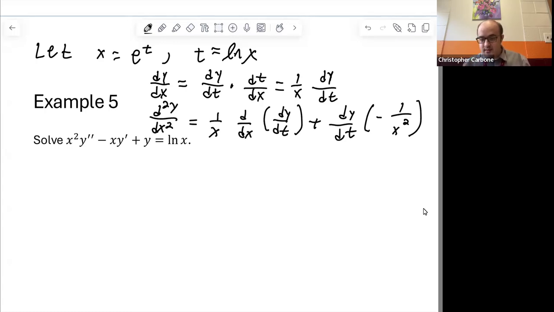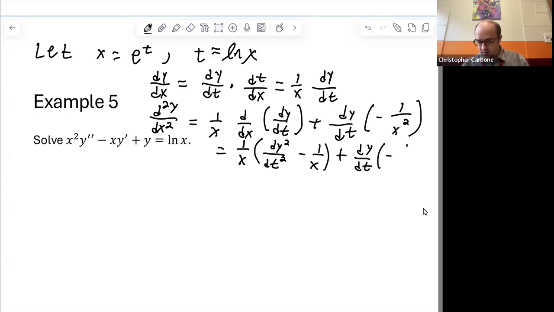So doing this, when we simplify this further, is going to give us 1 over x times this second derivative of y with respect to t minus 1 over x plus the derivative of y with respect to t times negative 1 over x squared.